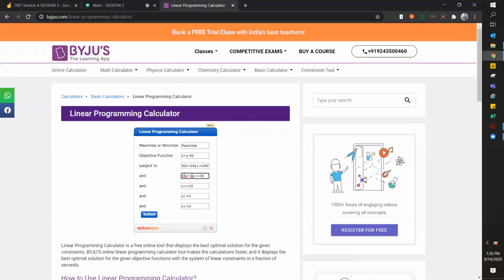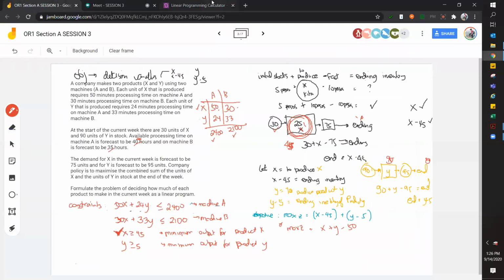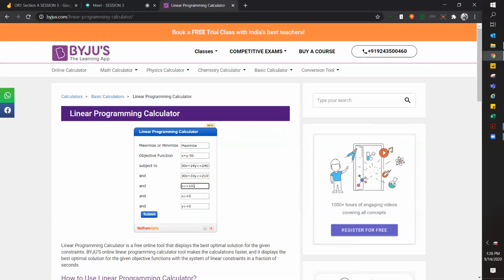Yan, kumbaga change ko lang siya. 30. And then to 100. Then x natin ay 45. X must be greater than or equal to 45. And then y natin greater than or equal sa 5. And then I just click submit.